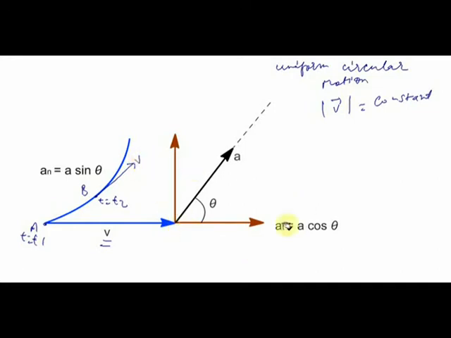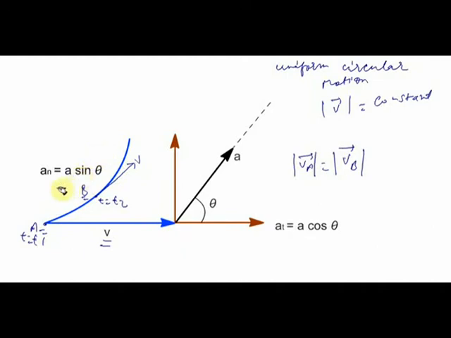So velocity at point A, that is VA, and velocity at point B, that is VB, their magnitudes are the same, but as you can see, the direction of velocity at these 2 points, A and B, is not the same. The direction has changed, so there must be some acceleration which is causing the change in direction.